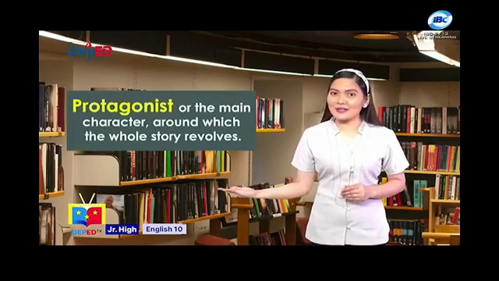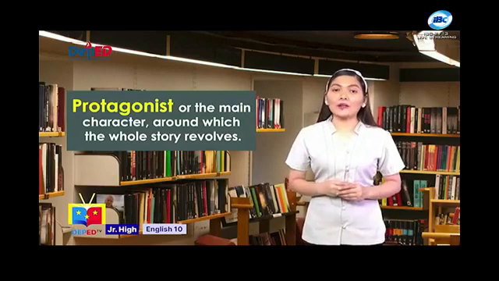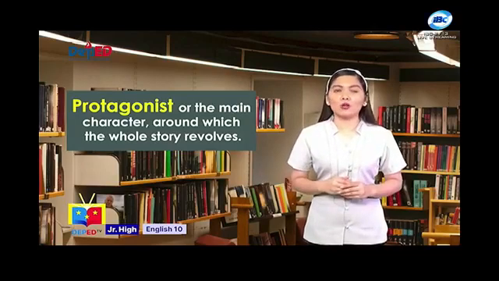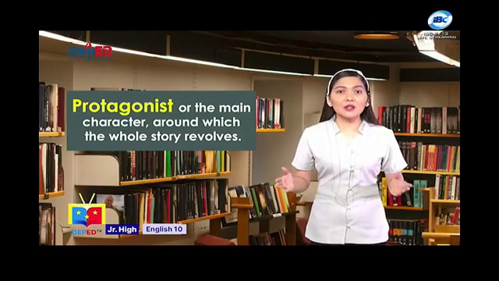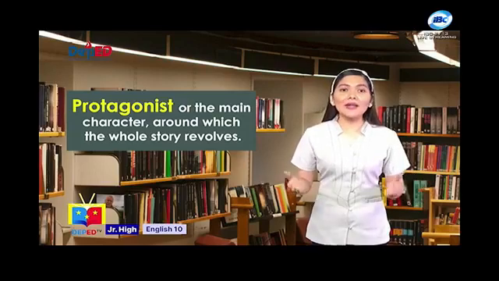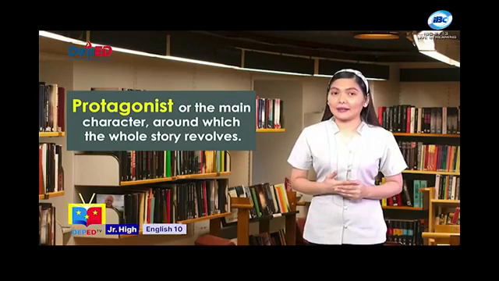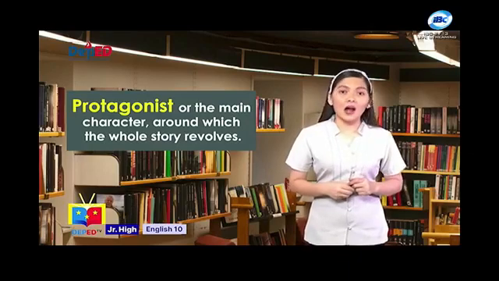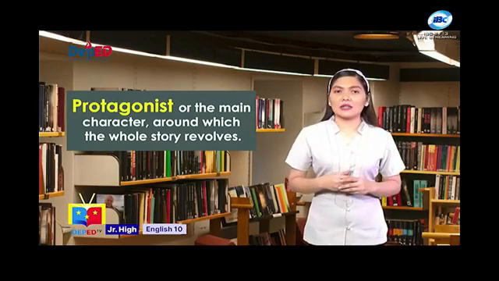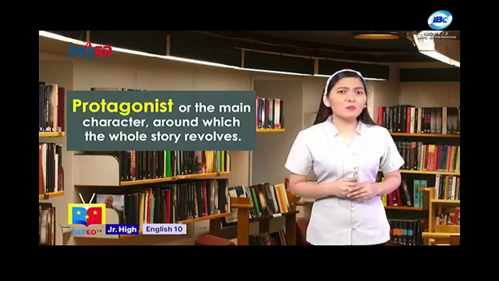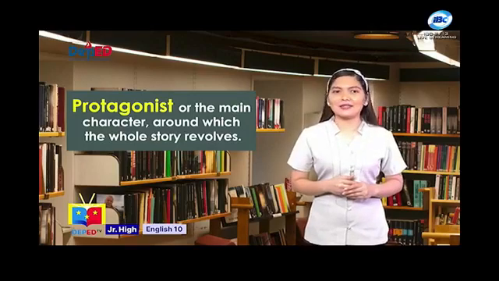There are various types of characters in a story. They are: number 1, protagonist, or the main character around which the whole story revolves. He is usually the primary agent who makes the major decisions and experiences the costs of those decisions, and often faces the most substantial conflicts.